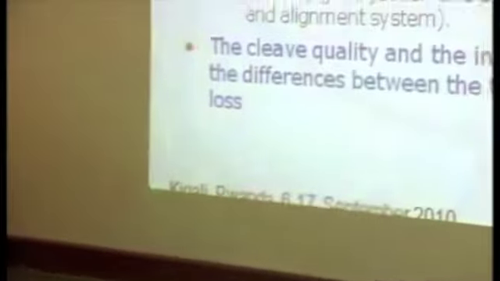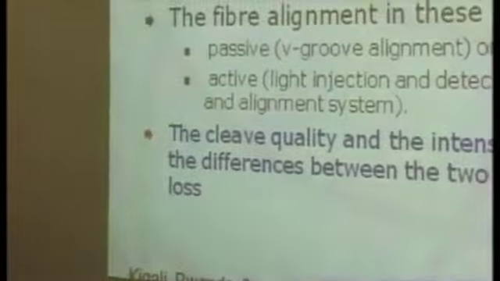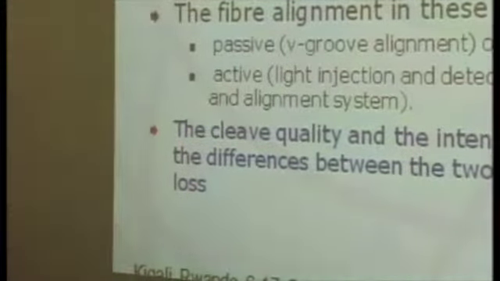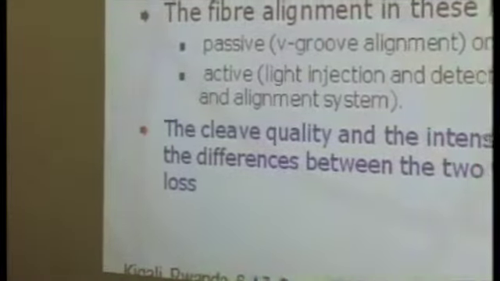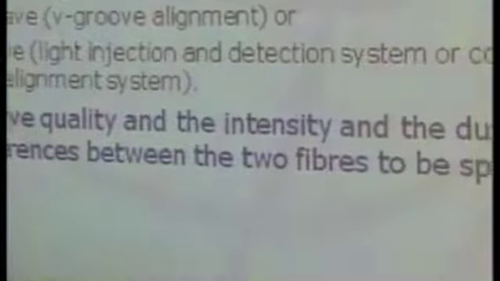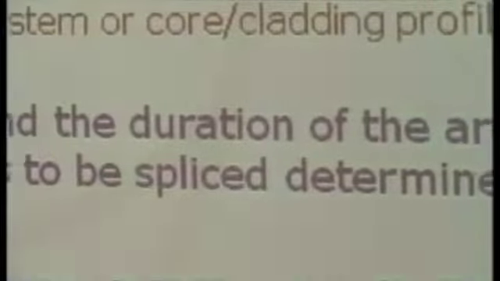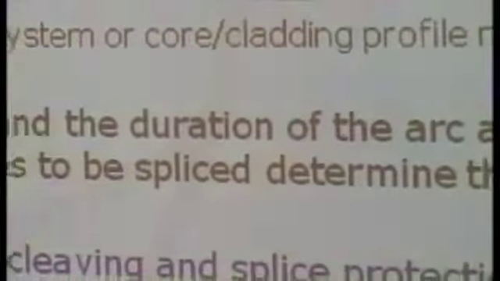The difference between two fibers, of course, also influences. Then we need to have similar fibers. We need to have a good end of the fiber, well prepared for this fusion. And we need to prepare an arc that is intense enough and lasts long enough to fuse and combine the glass of the two fibers.